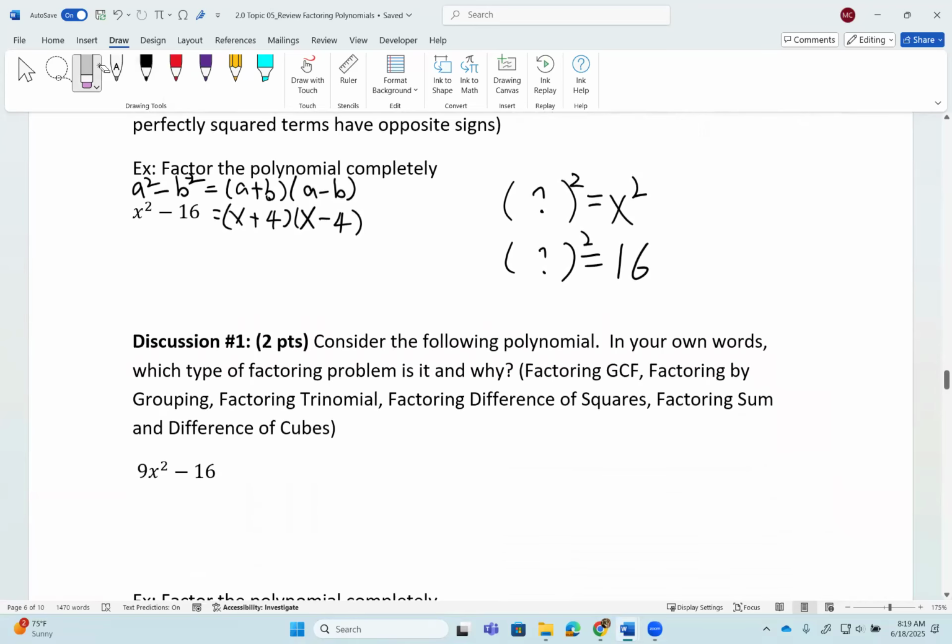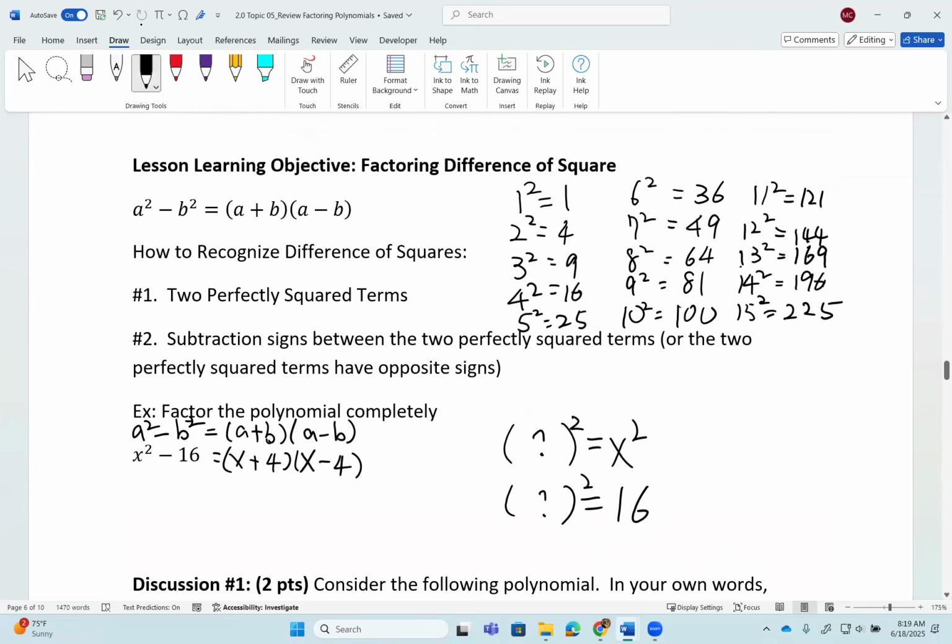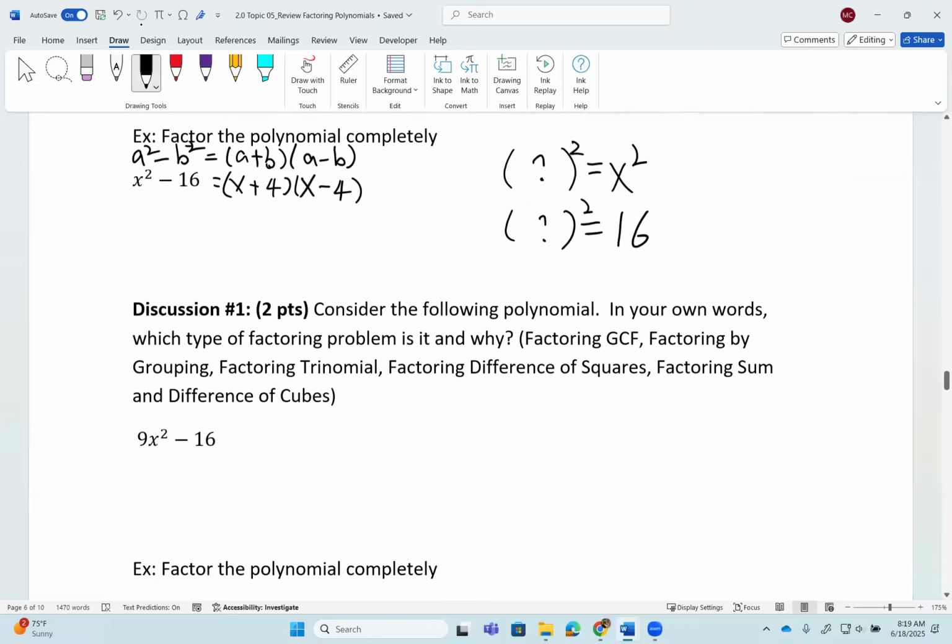What I'm writing up here is basically the power rule, some of the exponent rules that we learned in other topics. So this is a difference of squares, because you see two perfect square terms with a subtraction sign between them.